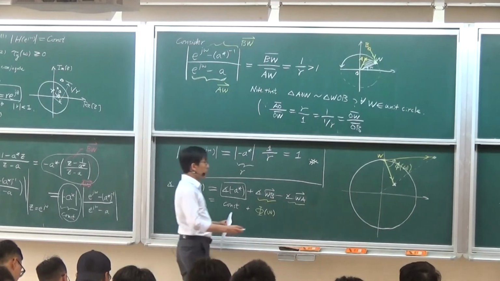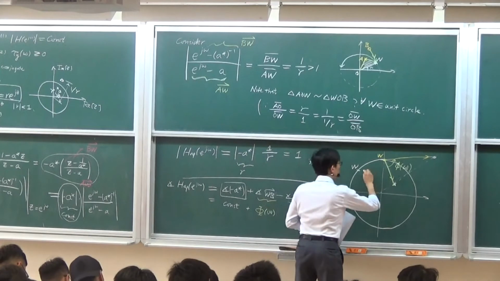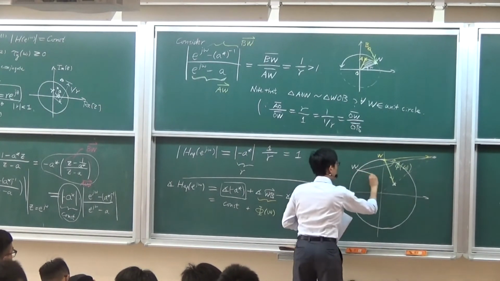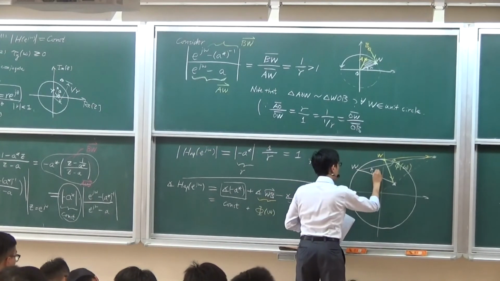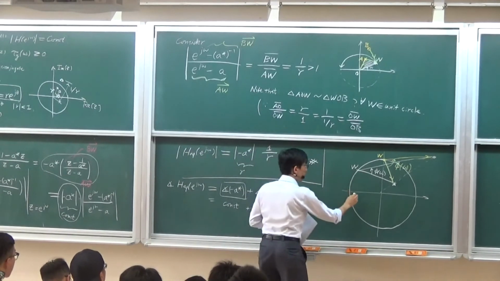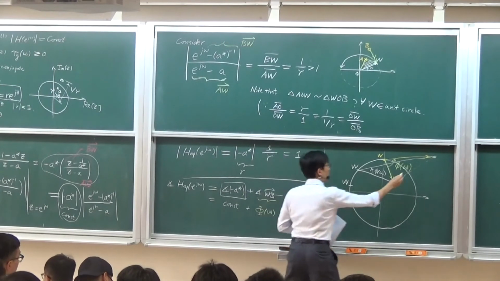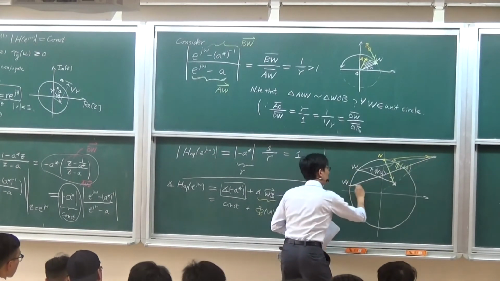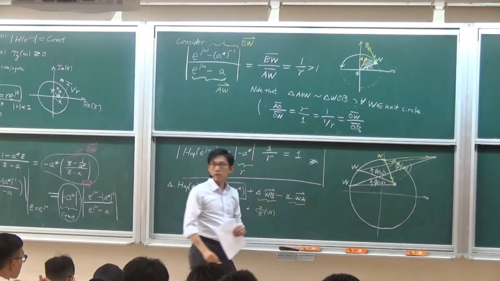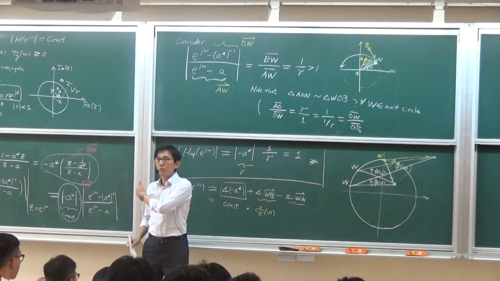And you can imagine now, when we move W around to a new location, this angle becomes this angle, phi of omega. And let's move it further around to this new location, and the angle is this angle, phi of omega. So now the question is, do we have property number 2?